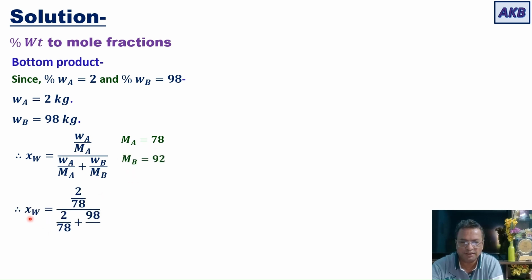So if you put all the values, you will get XW as 2 upon 78 divided by 2 upon 78 plus 98 by 92, which gives XW as 0.02.